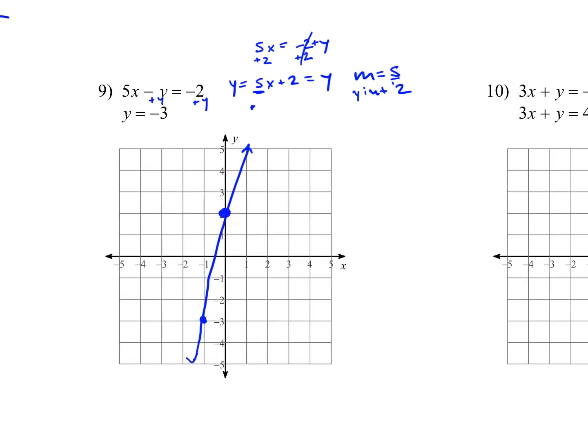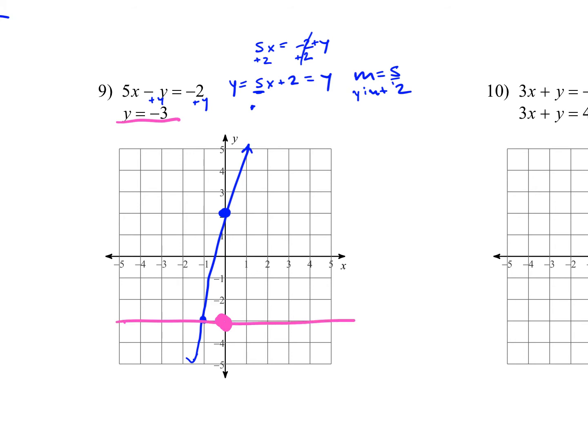All right, for the next equation, y is equal to -3. What's the first point I should plot? On the x-axis or the y-axis? The y, because it's y is equal to -3. And then do I have a horizontal line through it or a vertical line through that point?